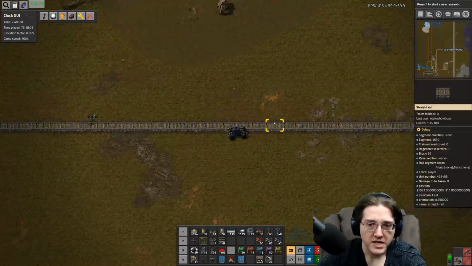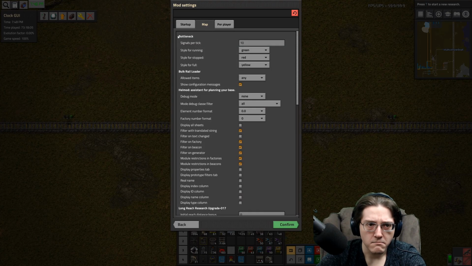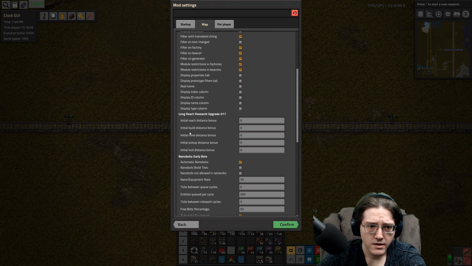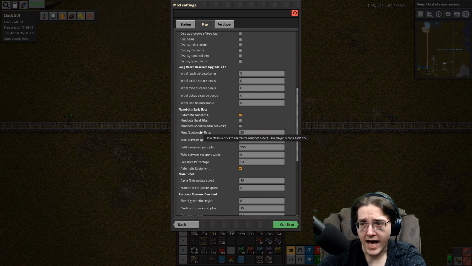I will also note that I did change a setting in my nanobots. The equipment rate here was set to 100. Now it is set to 30. This is how often in ticks to search for orders. Having it set to a value of 100 meant that it was checking every minute and a half-ish, about 1.6 seconds.